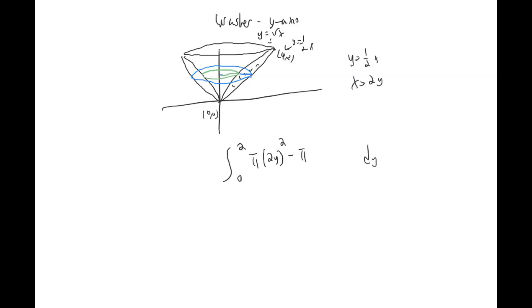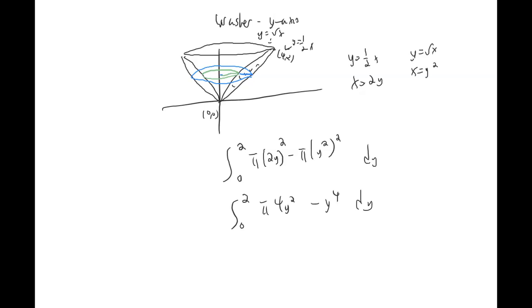The green circle is the root x, so x is y squared. So pi times the integral from 0 to 2 of (4y squared minus y to the 4th) dy.